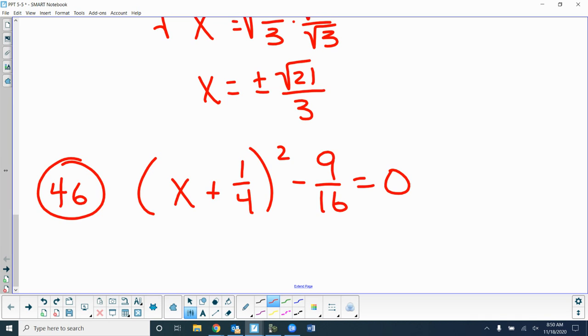Not 1/4. Remember h, k? Okay? If it was x plus 1/4, what's the x value of the vertex? Negative 1/4. And what's the y value of the vertex? You can see it. Negative 9/16.